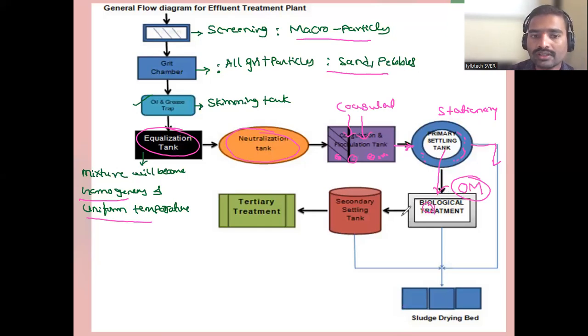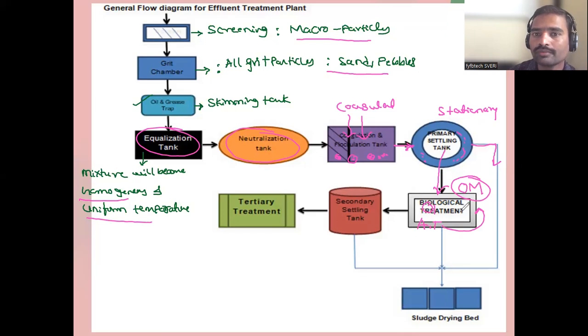This is nothing but the aeration tank. All your bacteria will become active and consume the organic matter and form sludge or biomass. You know, aerobic bacteria will form what?